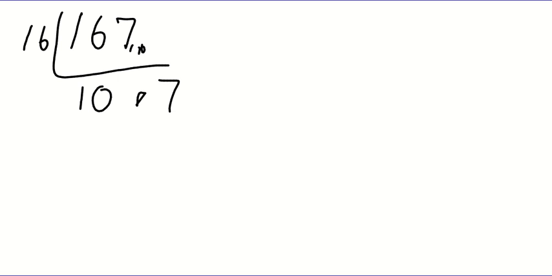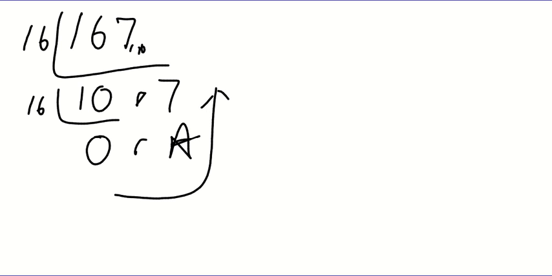Now I know that 10 is an A, so 16 into 10 goes 0, remainder 10, but I'm going to use the hexadecimal system and write the letter A. So if I read from this path, we get 167 in base 10 is equivalent to 0A7 in base 16, but I'm just going to write it as A7, which is a recognised way of writing this.